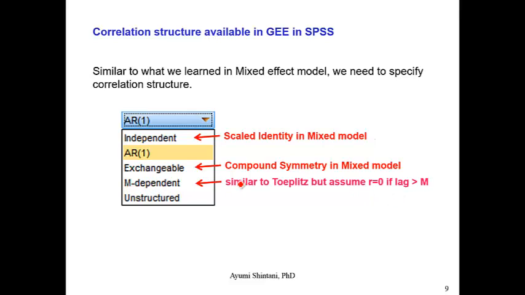And M-dependent is similar to Toeplitz. Do you remember Toeplitz? Diagonal elements would be 1.